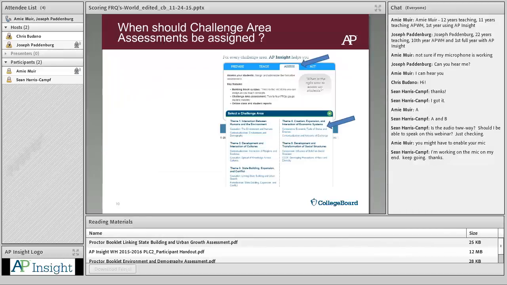Now on the screen, you see talk about when we should actually assign the challenge areas. So they take the building block quizzes along the way, and that builds up to the challenge area assessments. What we need to make sure we do is that students are ready before we assign those free response questions.